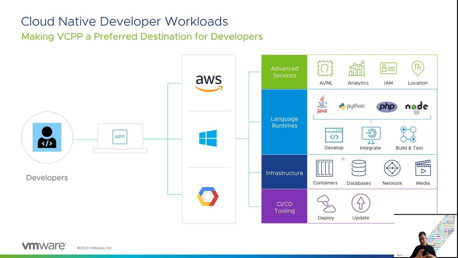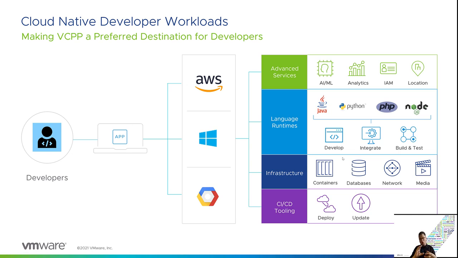We give them their common, well-known tools like kubectl. We don't force any of these personas to use a new tool set. That was one of the basic design principles of the Tanzu portfolio and vSphere with Tanzu: all these personas can leverage their well-known tool set without the need of learning a lot of new technologies and new tools.